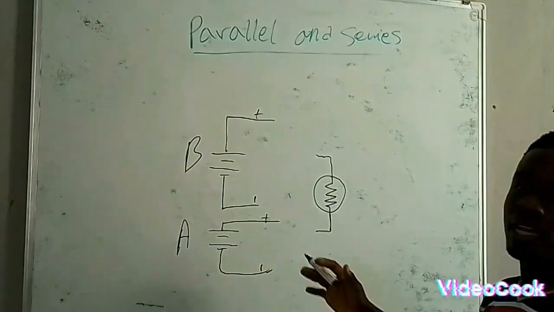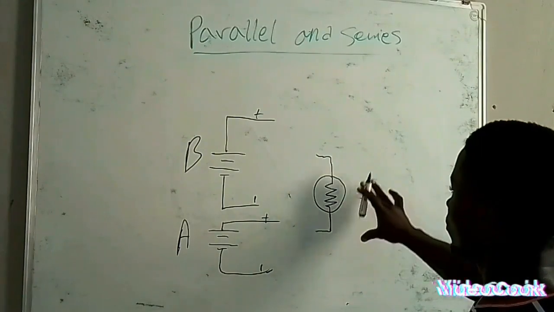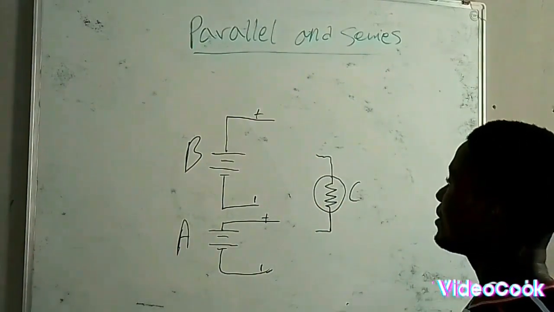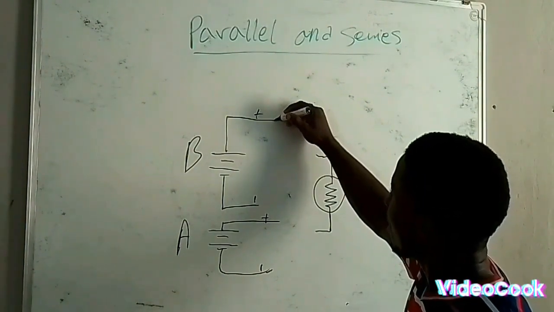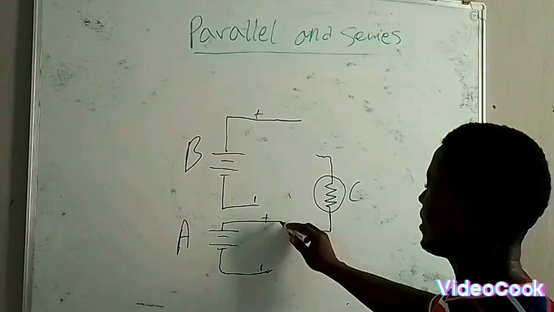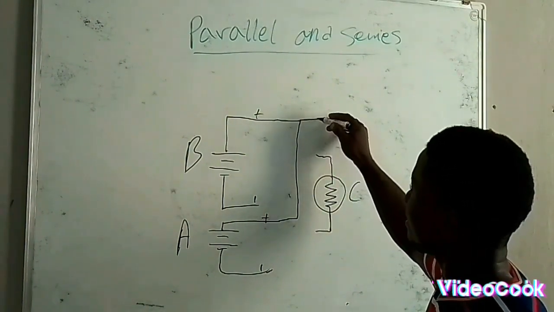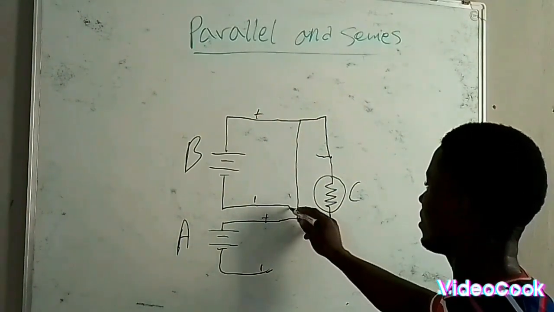if we say that these two batteries are in parallel to this load, which is C, it simply means that the direction at which energy flows out of these two batteries is directly to the load.